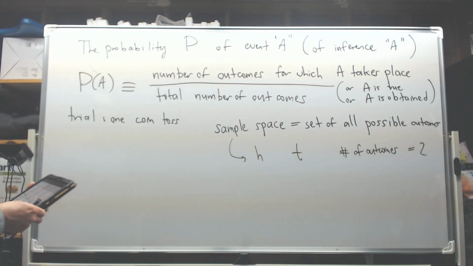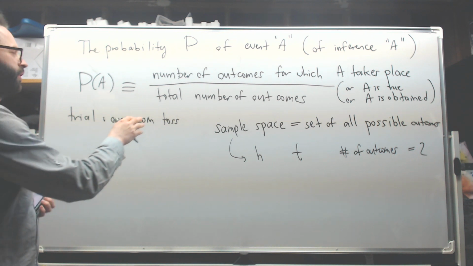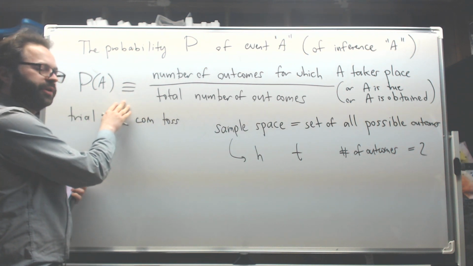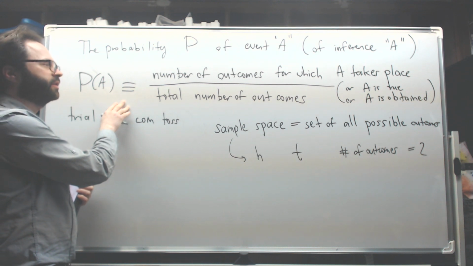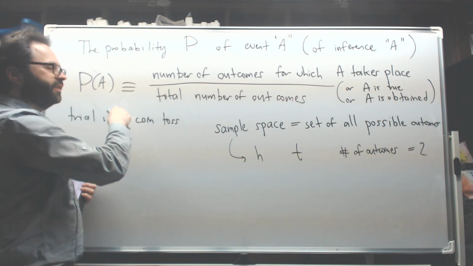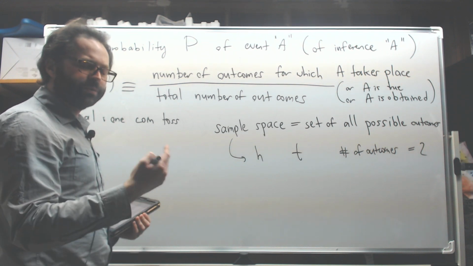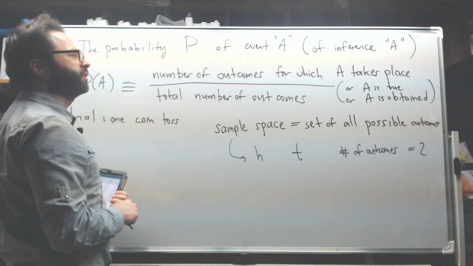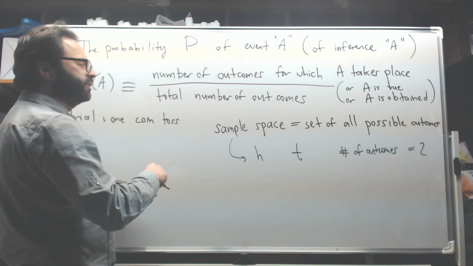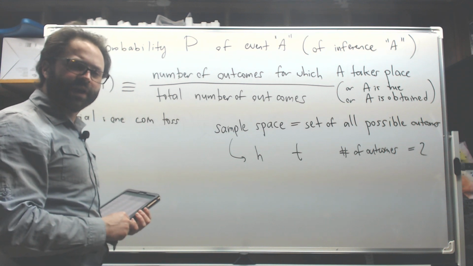Now, I would like to stop here before we talk about how we're going to use this definition. But what I want to stress is that this is going to be the operational definition of probability that we use in this class. This is closer in spirit to the frequency definition that we just talked about. So this idea of forming ratios of the number of outcomes is, in a sense, logically derived from the idea of degree of rational belief.